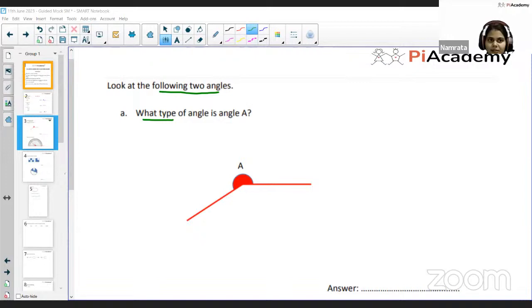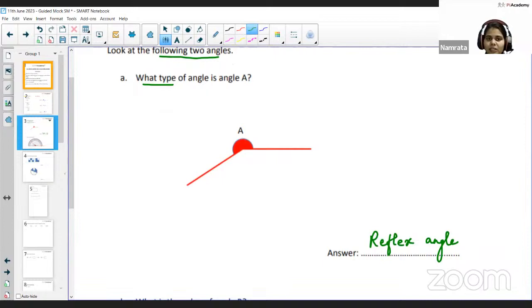Okay, great. Receiving responses, we can start discussing. Based on the figure that has been given to us, this kind of angle is a reflex angle. And why is it so? Because the measure of a reflex angle is more than 180 degrees and less than 360 degrees.